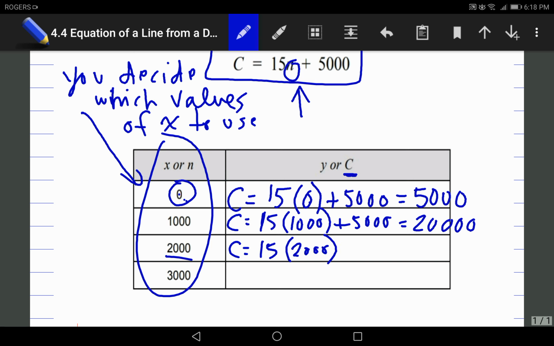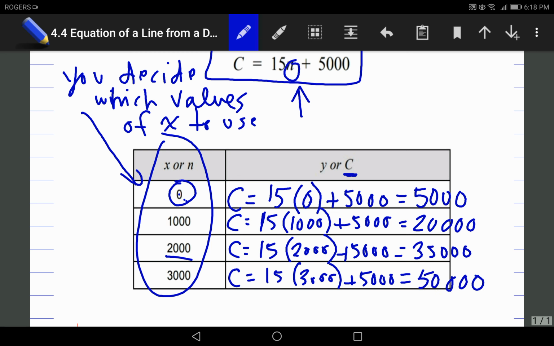Because I have 2,000 t-shirts. Okay, 15 times 2,000 is 30,000, plus 5,000 is 35,000. And lastly, 15 times 3,000 is 45,000, plus 5,000, I get to $50,000 in costs.